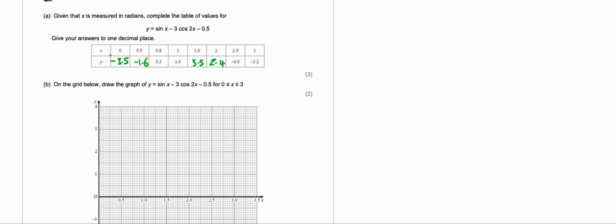Plotting those on the graph, you have 0, minus 3.5; 0.5, minus 1.6; 0.8, 0.3; 1.6, 3.5; 2.4, 2.5, minus 0.8; and 3, minus 3.2. So you get a graph that looks something like this.